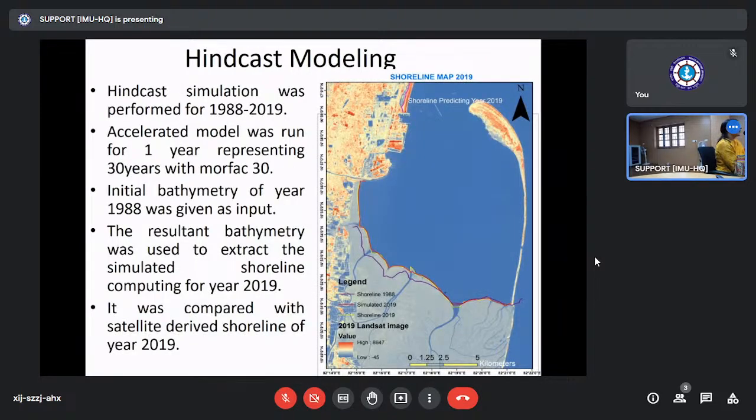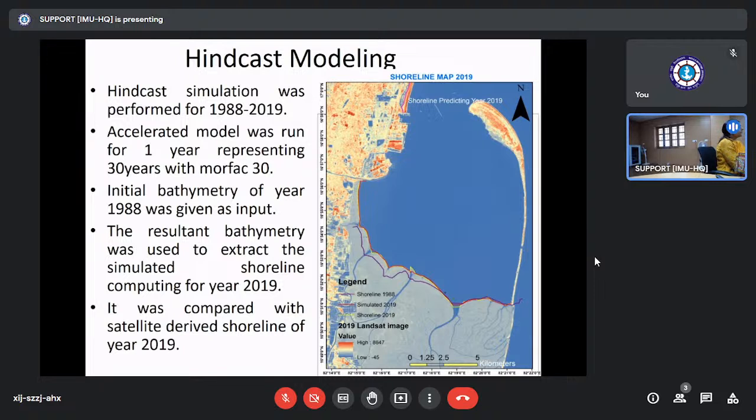So thereafter, hindcast modeling was performed. In order to see how the model is performing, a hindcast simulation was run, that is, modeling what has already happened. So here from 1988 to 2019, a hindcast simulation was run, where the bathymetry of 1988 was taken as input, and the accelerated model was run for 1 year, with MORPHAC 30 representing 30 years.